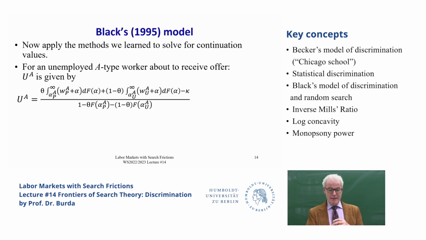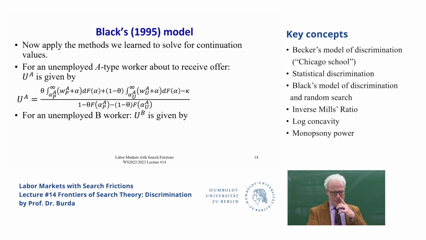Okay, so that would be this lower part, and that's the reservation level of utility given W_U and W_A. Okay, so the unemployed B worker has no such option. It's basically all coming from the unprejudiced employers, and it will look like that.